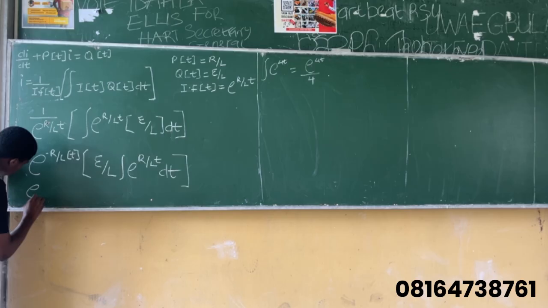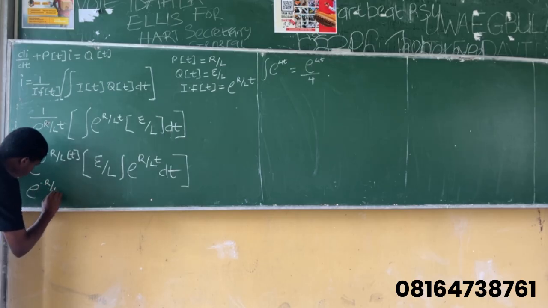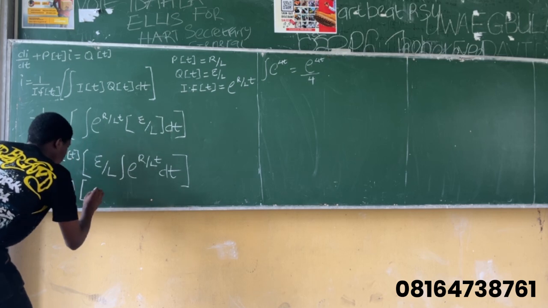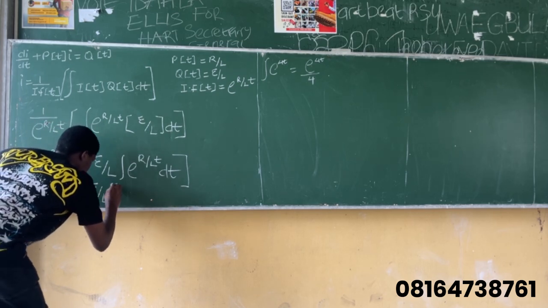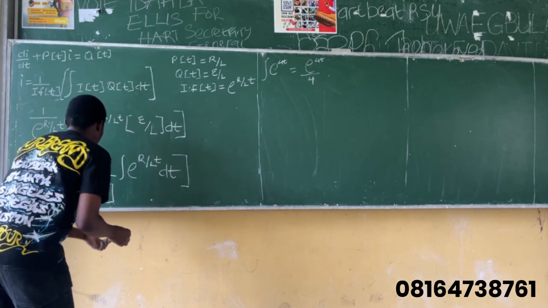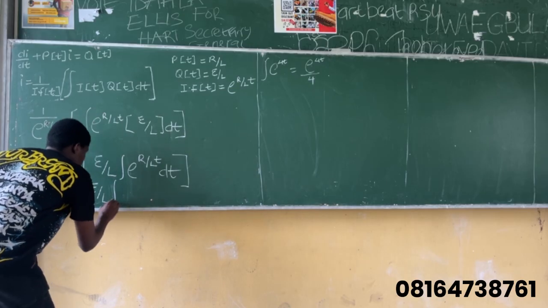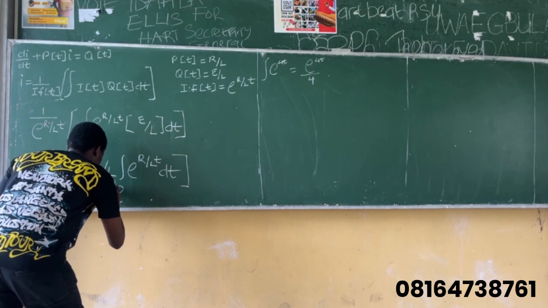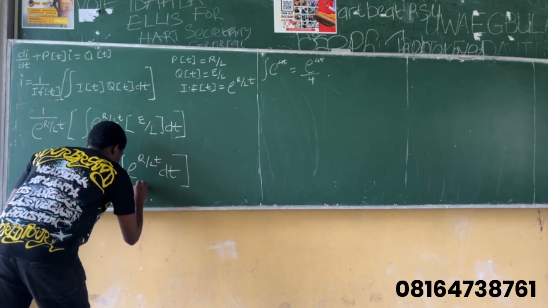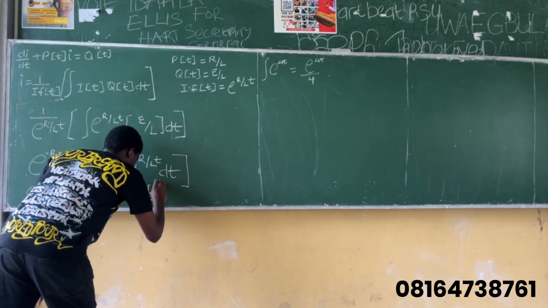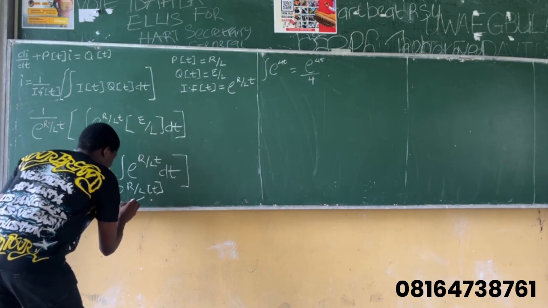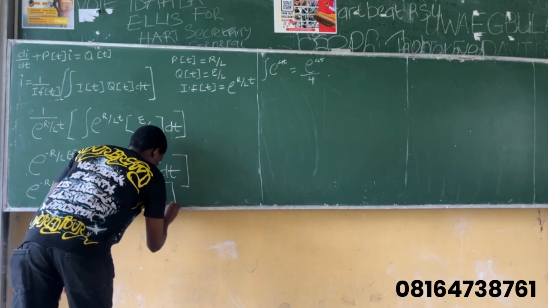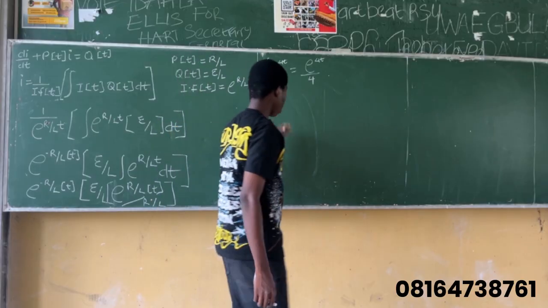So this e raised to the power minus R over L t, this E over L, integral of, okay, let's just write it out. So this e raised to the power R over L, all divided by R over L. Let's write it out clearly here.